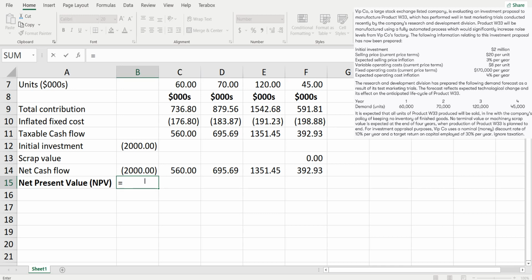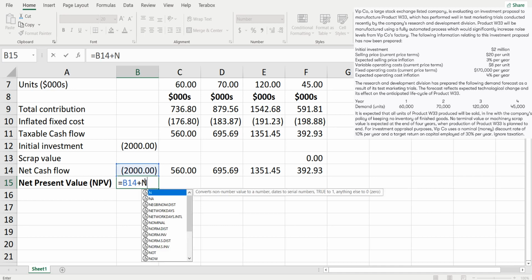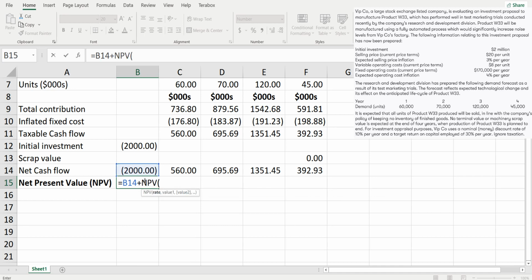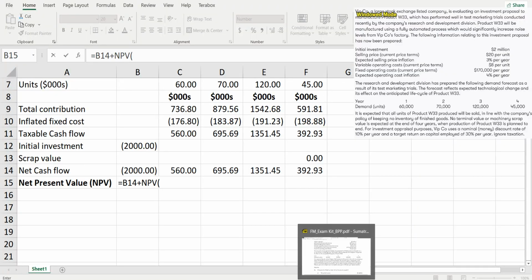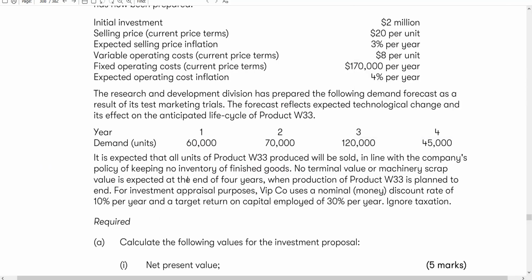So let's take the initial investment plus NPV bracket start, then it's asking for rate. So what is the rate here given? Rate given is money discount rate, 10%.